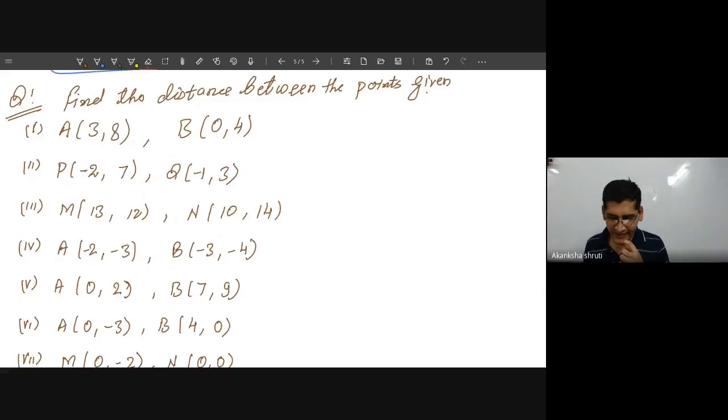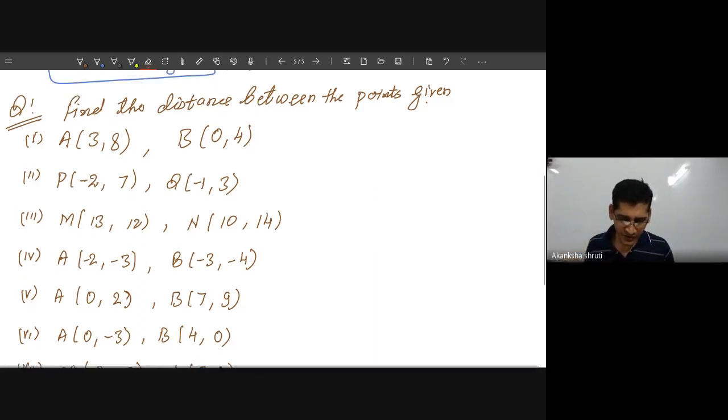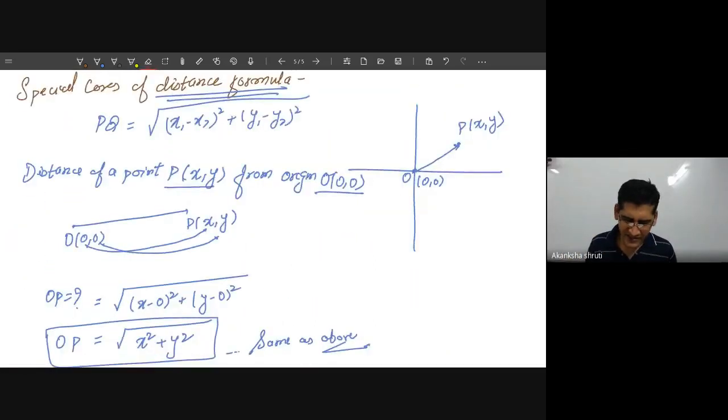So, students, how to apply? The signs are very important. Keep in mind, whatever we have discussed here, this is the sign of the formula.